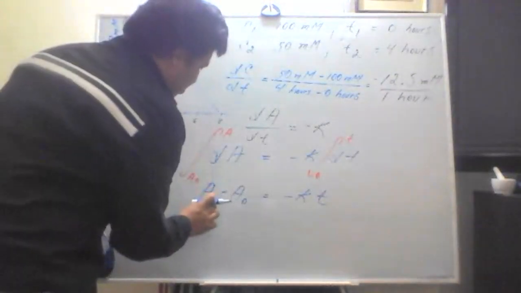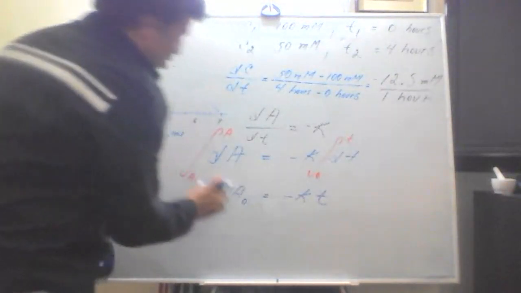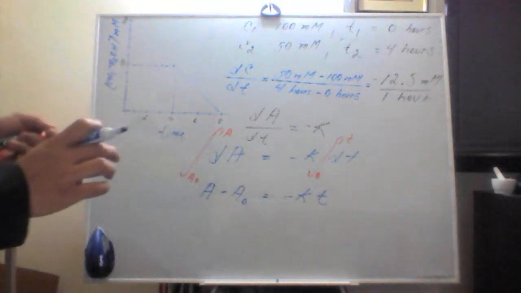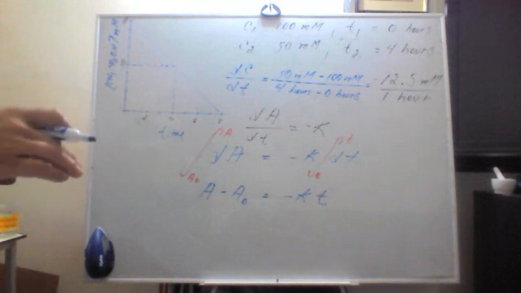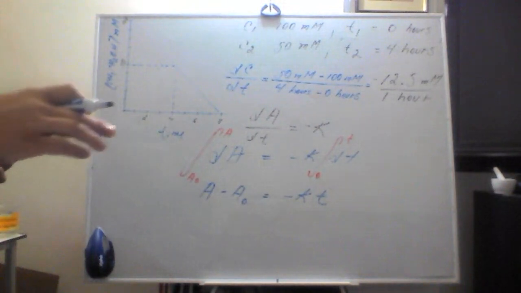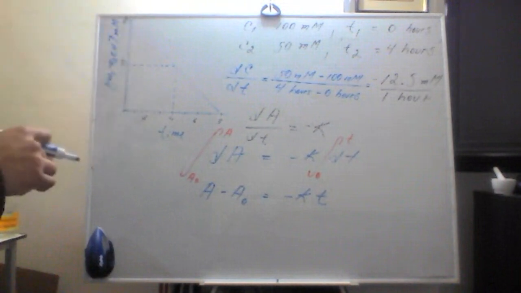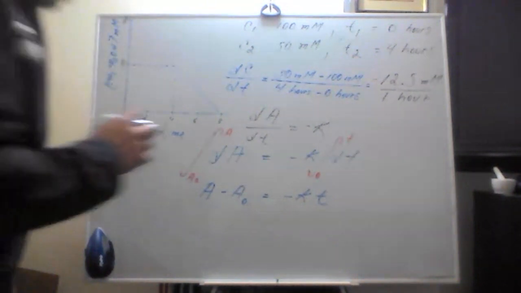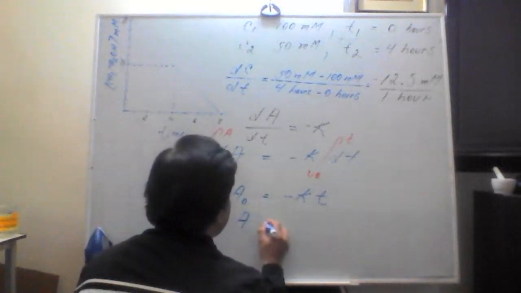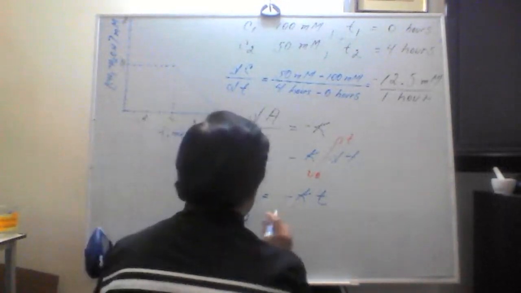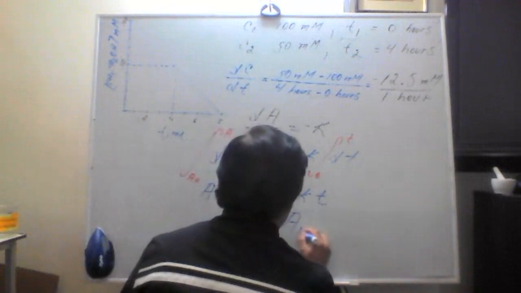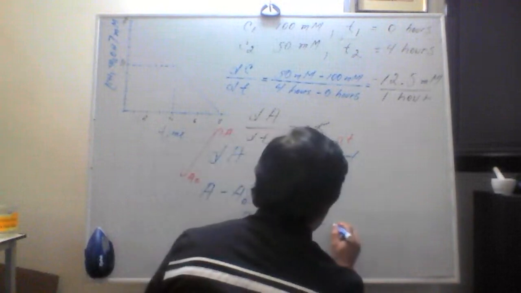Now, what we have to do is put it in a form that gives us the answer we are looking for. Normally, the question asks you about initial concentration, but more often than not, you are given some concentration after a certain amount has reacted. So we would like to leave this concentration here and equate it to that. So this is A minus A0, becomes A0 here, and this minus kt.